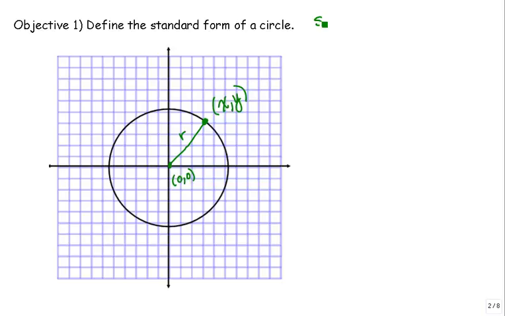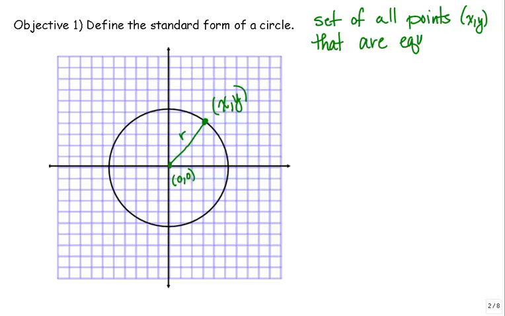So it is the set of all points x, y that are equidistant from a fixed point, and we'll call that fixed point h, k.